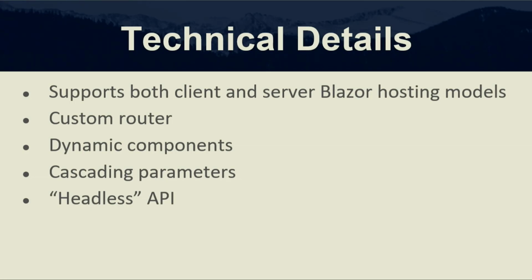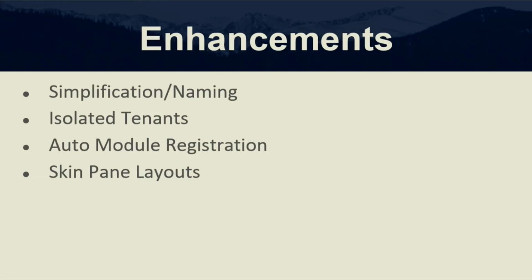Some of the other enhancements I wanted to introduce, so just simplification. That comes as a no-brainer because I wasn't trying to convert DNN to this, right? I started from scratch and built it in a simplistic form from the ground up. So it is very much a simplification at this point. Naming conventions, I always got tired that we got stuck with certain naming conventions from the very beginning, like tab.